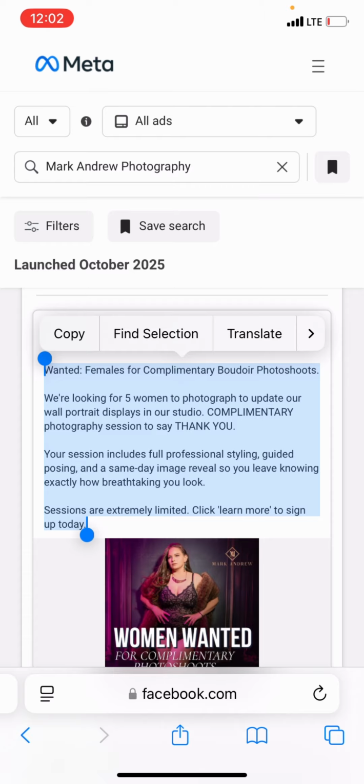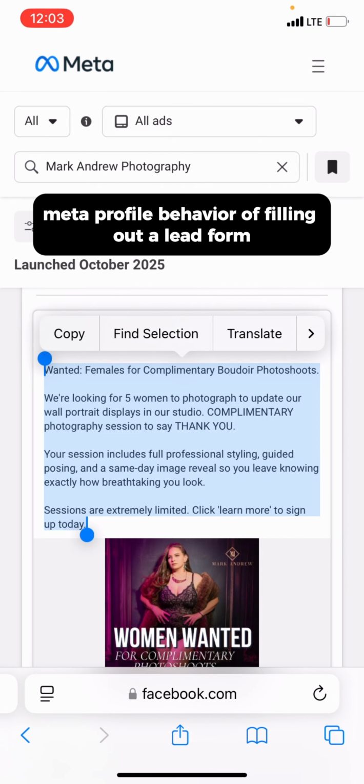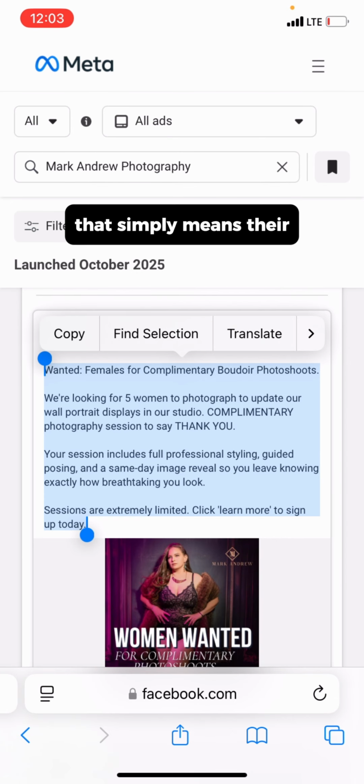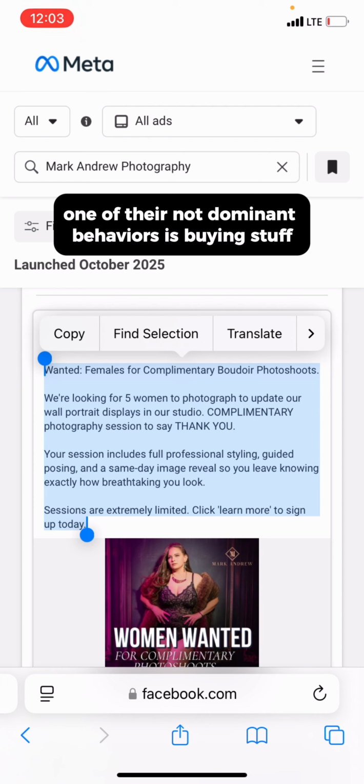And since we're telling the Meta ad algorithm to put our ads in front of people that have the dominant Meta profile behavior of filling out a lead form, that simply means one of their non-dominant behaviors is buying stuff.